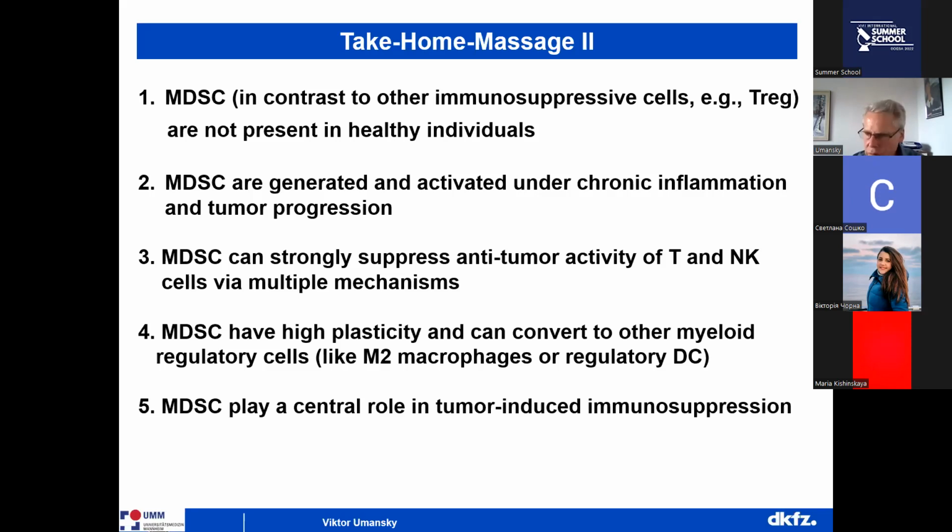For example, blockade of CCR5, which is actually used also for the treatment of HIV patients. But this inhibitor is only approved for HIV. But we are thinking about using this also in the treatment of cancer patients.